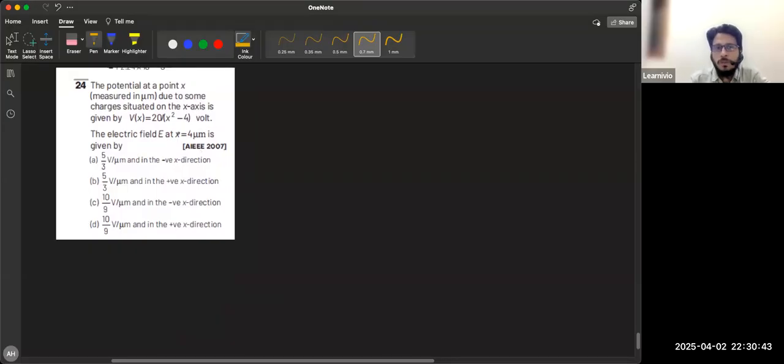Now read this question. Just note down the question up to here and tell me which relation we'll use here. First decide what is given and what you're supposed to calculate. Which relation will you be using here?